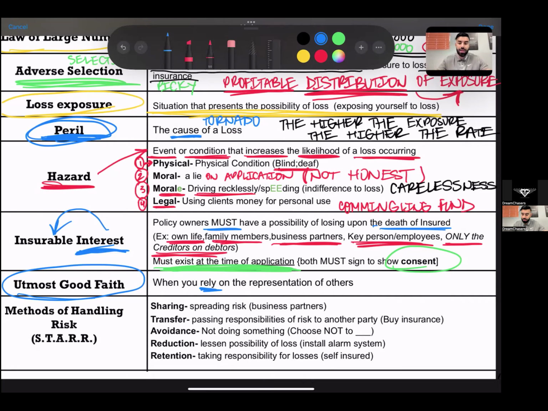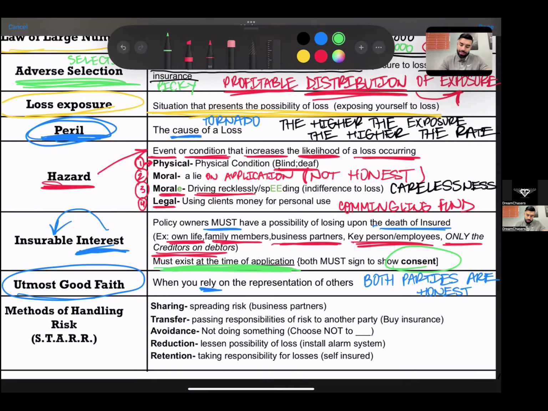Just in a nutshell, to simplify it, it's that both parties are honest. So the insured is being honest with the insurer, and the insurer is being honest with the insured, right? But keyword there, rely. They're relying on what the other party is saying.